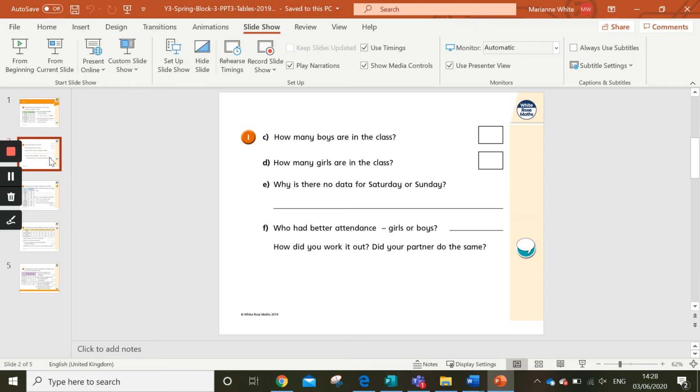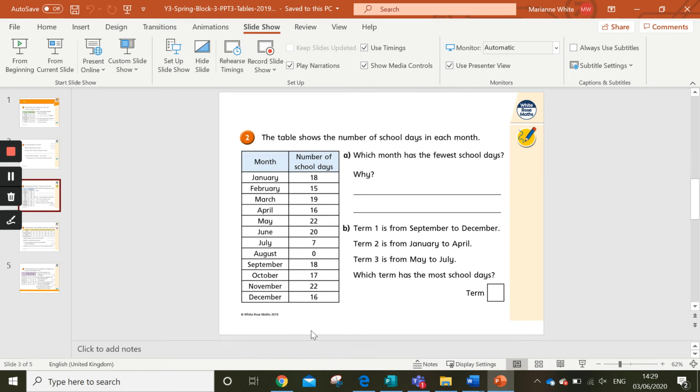Now, on the next table, question 2, the table shows the number of school days in each month. The month in the first column and the number of school days in the second column, the number of days you are in school.